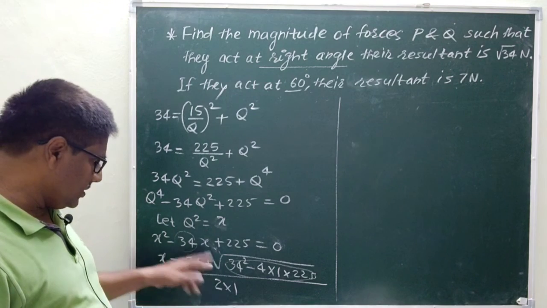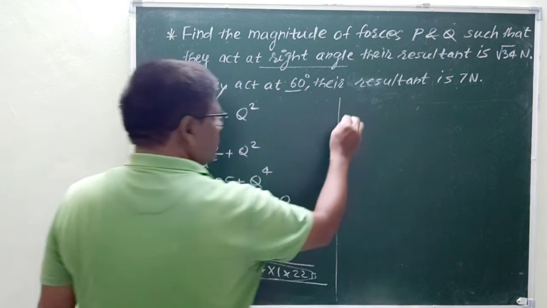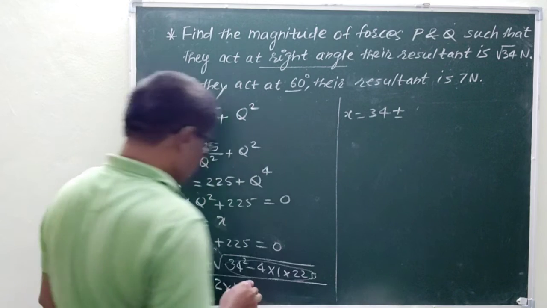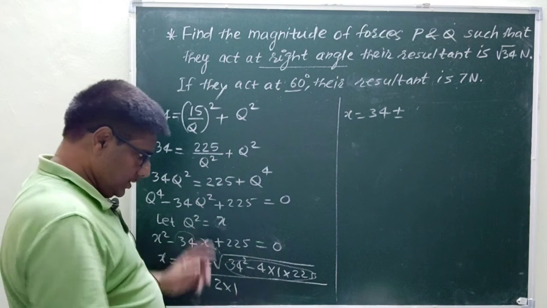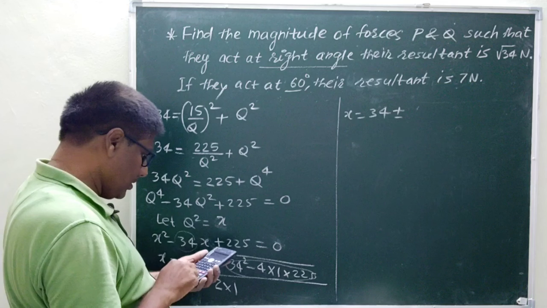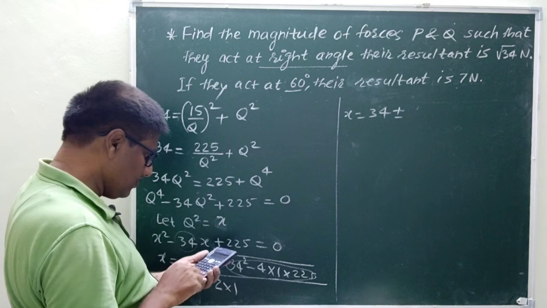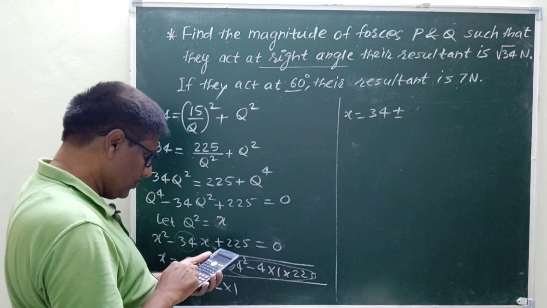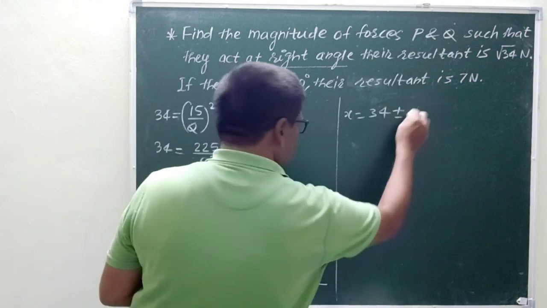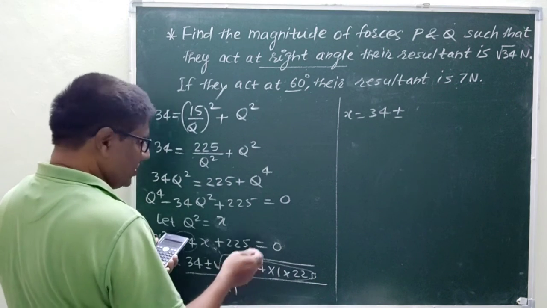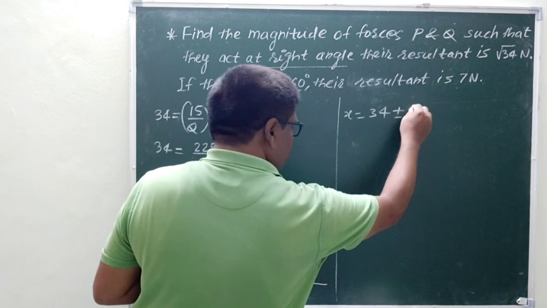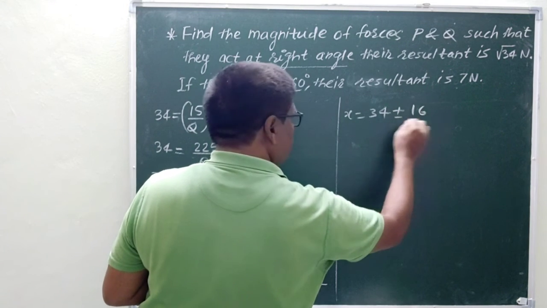If you solve this, x is equal to 34 plus or minus root of 34 square minus 4 into 225. See, it is coming 256 under root. After taking the square root, we get 16 here.